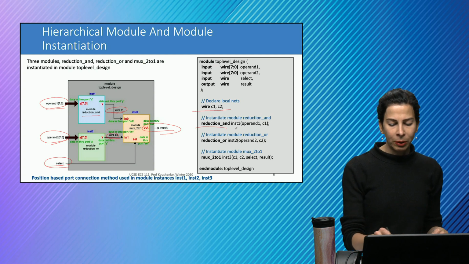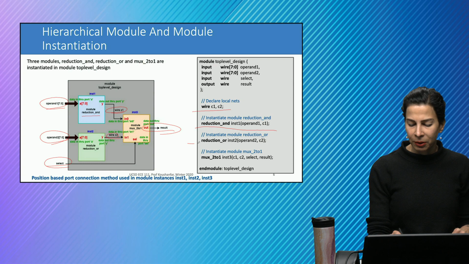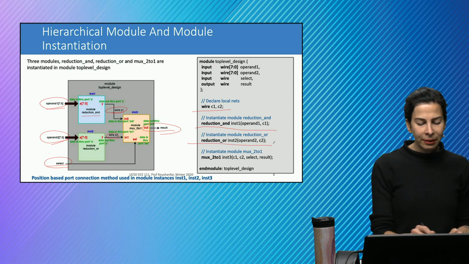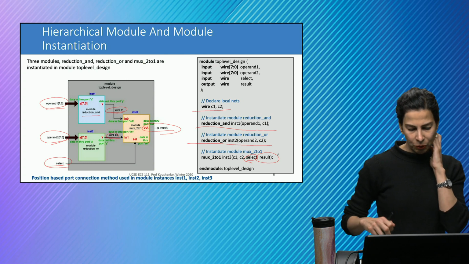We're just going to declare that. For the second one, similarly, reduction OR with operand 2 and C2. And then last but not least, I'm going to select with the select signal between these two wires, and the result will be the output of this module.